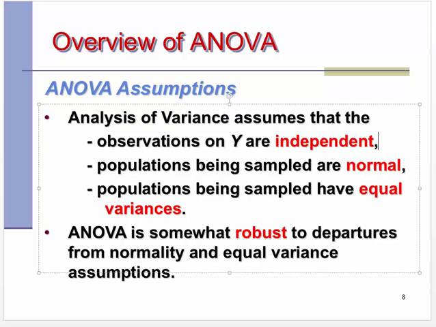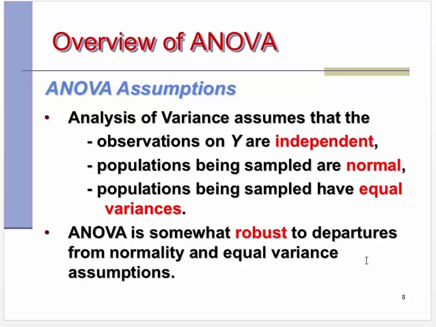And populations being sampled are normal. That's the second assumption. Populations being sampled have equal variances. The variances must be the same for the populations from which the samples are drawn. And we have noted that ANOVA is somewhat robust to departures from normality and equal variance assumptions.